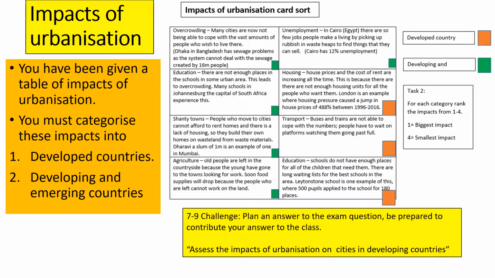Now, obviously in developing countries, the examples are mainly around stresses of overcrowding, unemployment, lack of education, in a sense, and the growth of shanty towns. Mexico City, for example, is a city that's growing at 2,000 people per day.